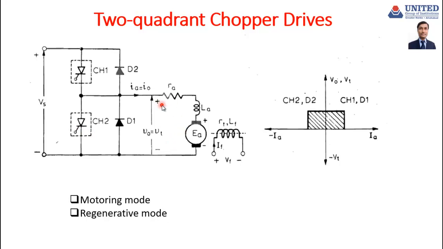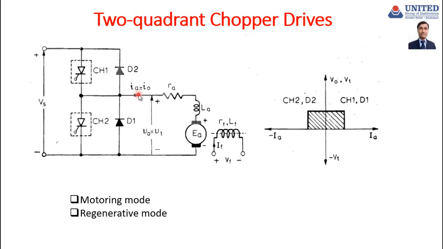Then armature current rises and energy is stored in armature inductance LA. When switch CH2 is turned off, then diode D2 becomes turned on and the direction of armature current is reversed.